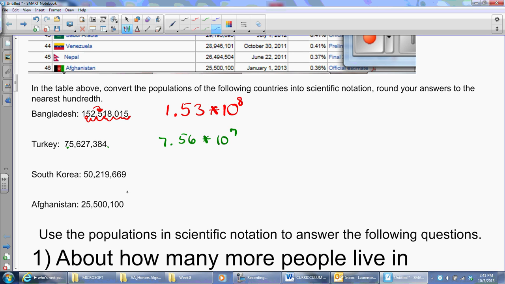And South Korea, let's go in here. We'll call it 5 and 2 hundredths, and I believe that's the 7th power as well. And then finally, Afghanistan, 255 hundredths times 10 to the 7th.